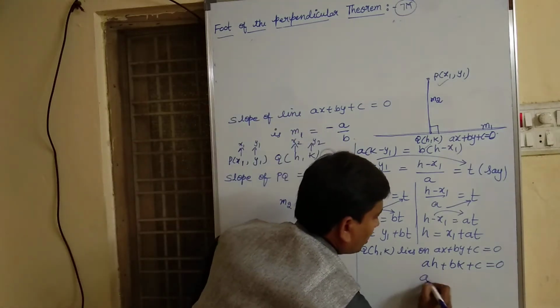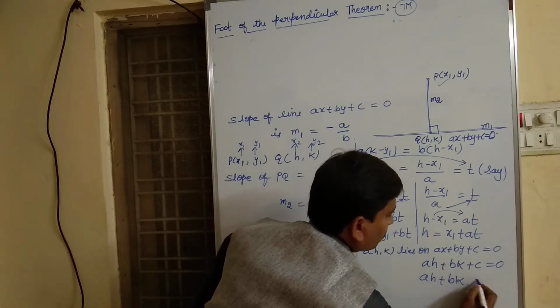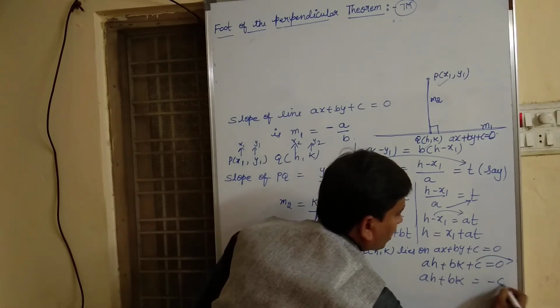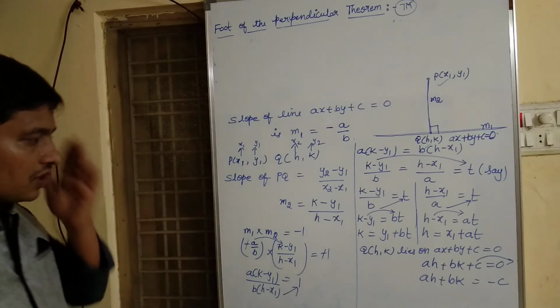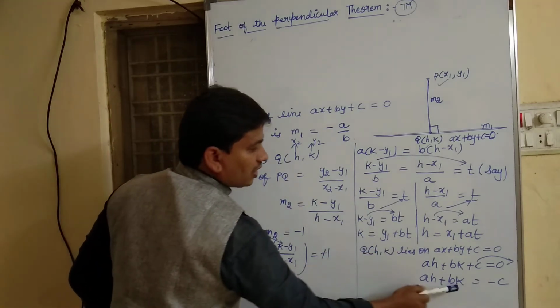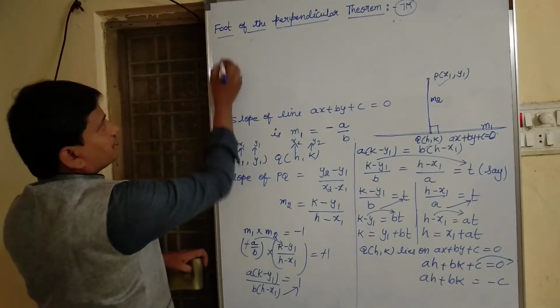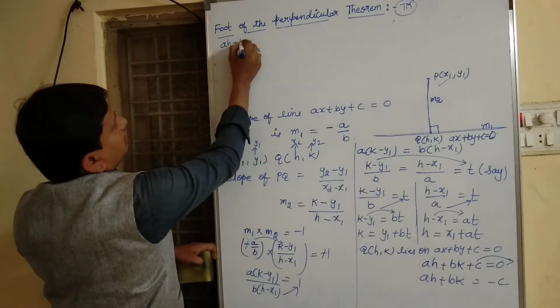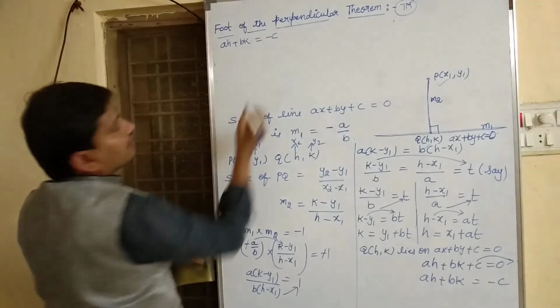So ah plus bk, plus c you transpose, it will become minus c. As we know the value of h and also the value of k, let us substitute. We got ah plus bk equal to minus c.